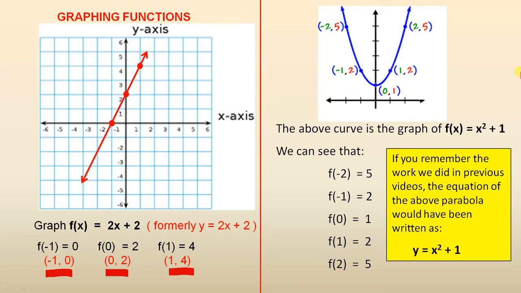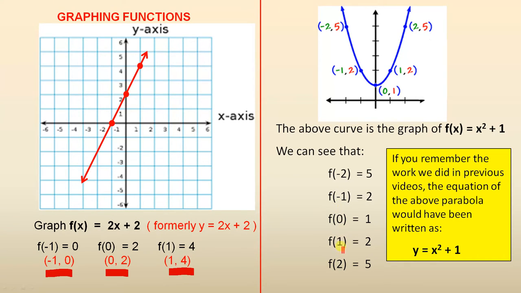The above curve is the graph of f(x) equals x squared plus 1. If you remember the work we did in previous videos, the equation of the above parabola would have been written as y equals x squared plus 1. So as we said, f(x) is the same as y. So for f(-2), we substitute minus 2 here, so that gives us f(-2) is 5, and so on for f(-1), f(0), f(1) and f(2).